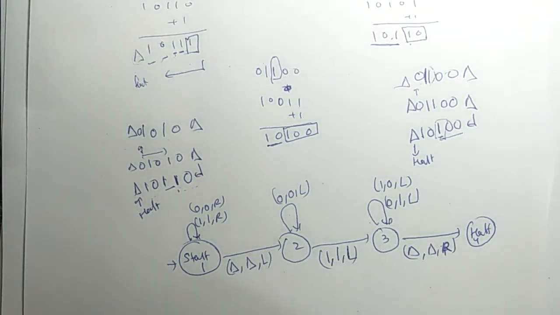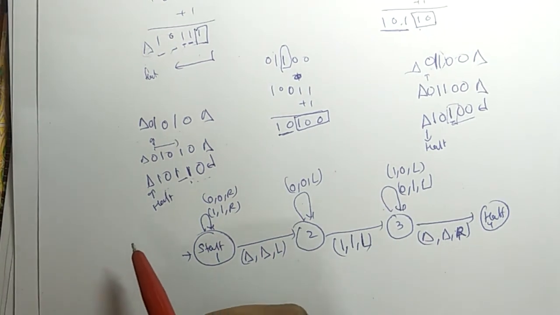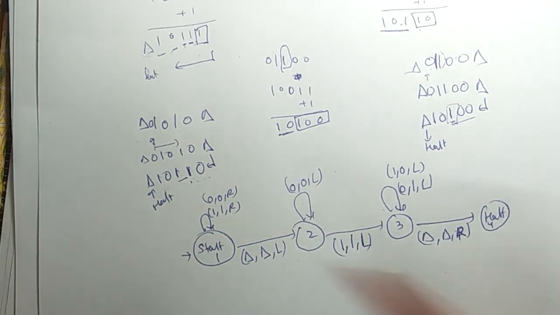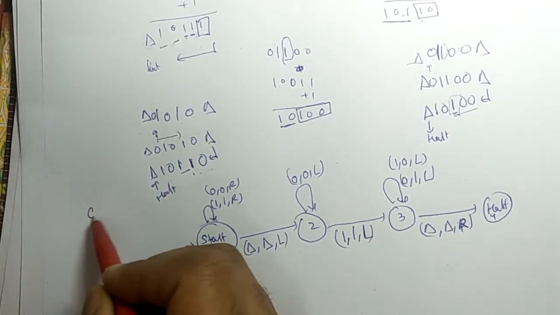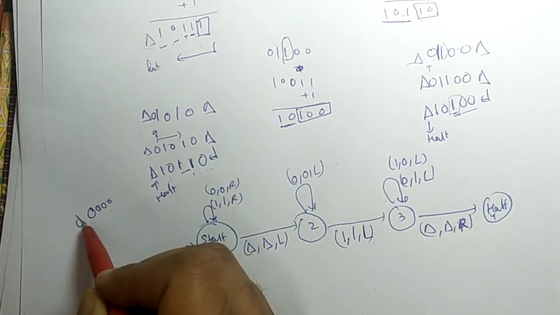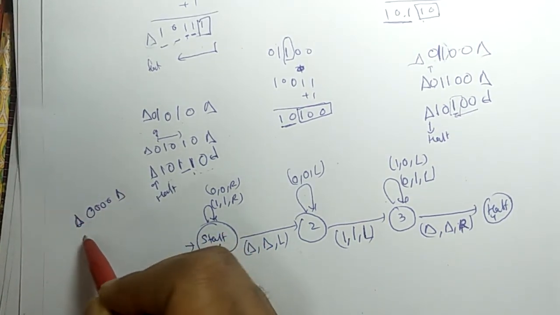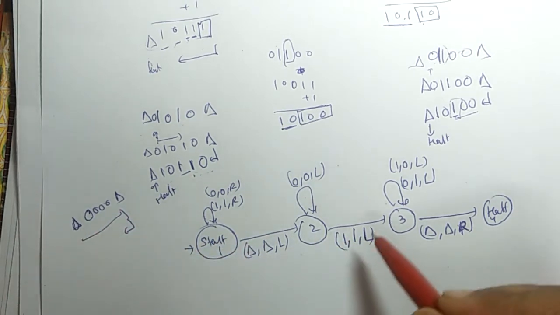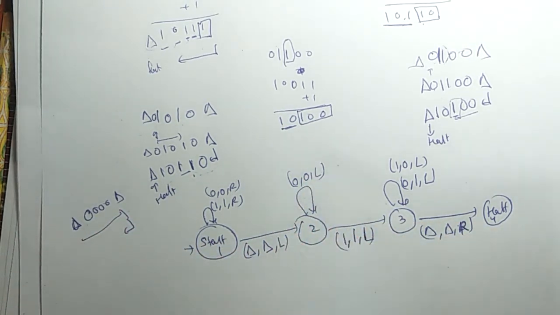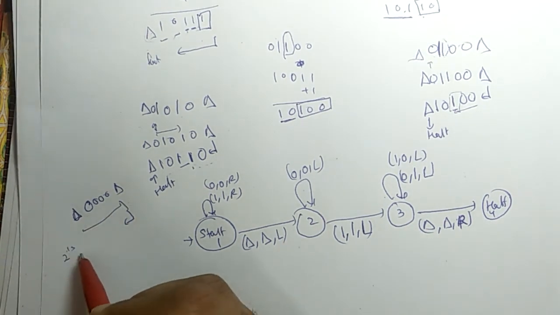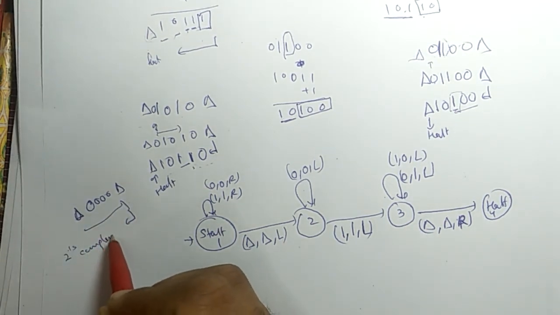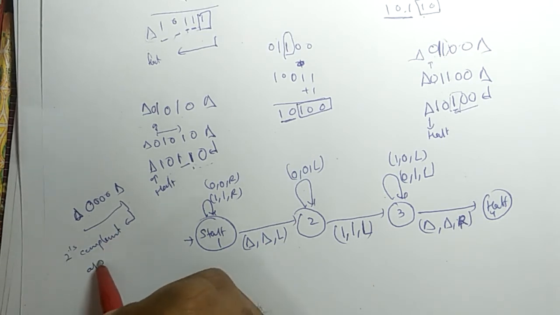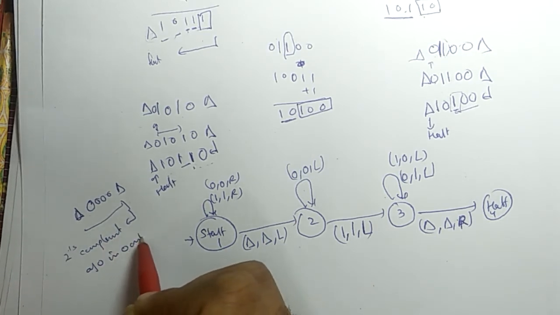The only problem with this input is that you didn't find any one. Suppose the input is 0 0 0 0 over the tape, and you reach this corner, and from this corner you try to find 1, but there is only 0. So the 2's complement of 0 is 0 only.